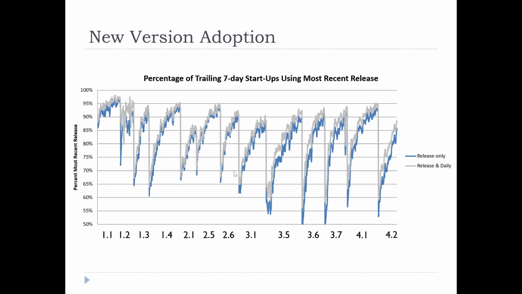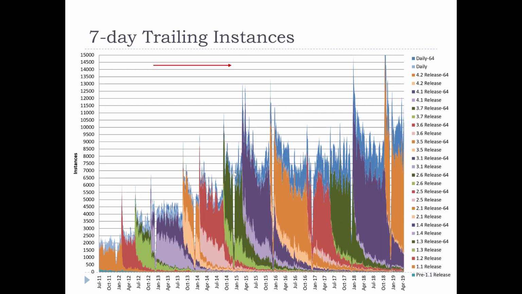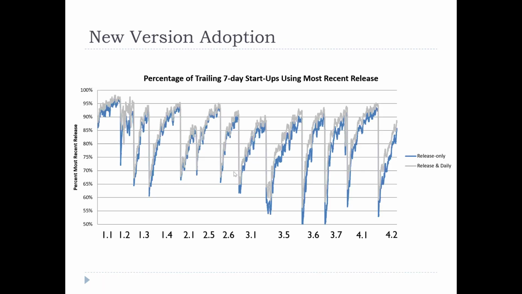The difference between the blue and the gray is the people that are using Skyline daily. That's also expressed as this blue over here. About 20% of our users are using that, from our measurements.